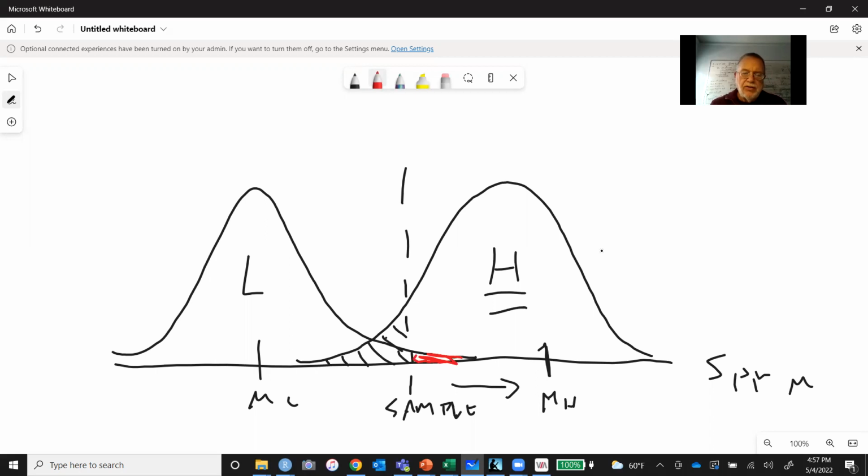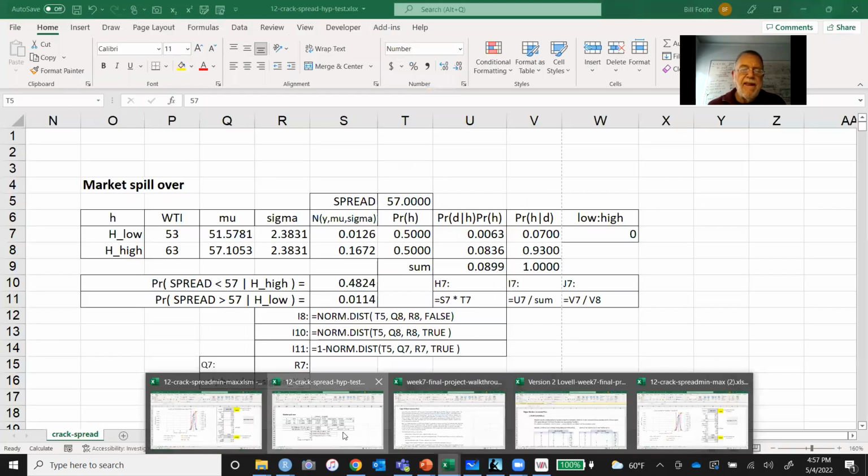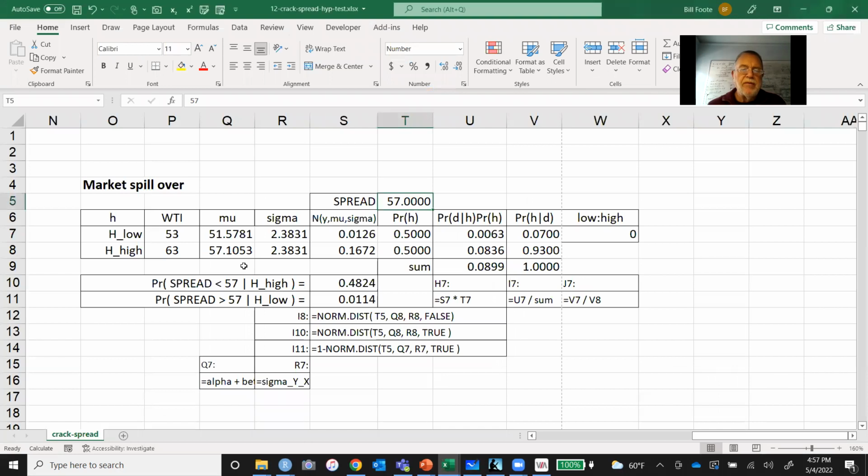All right, now let's go back. What are the odds? Now that we have our principle in place, okay, so here's a new situation. Just wanted to tighten it up a little bit. 53 and 63 are the WTI, low and high, kind of tight, giving us a 51-57 spread.